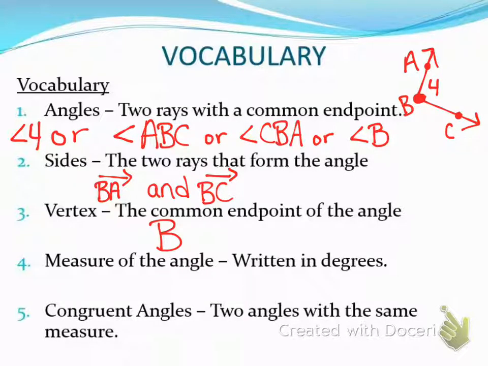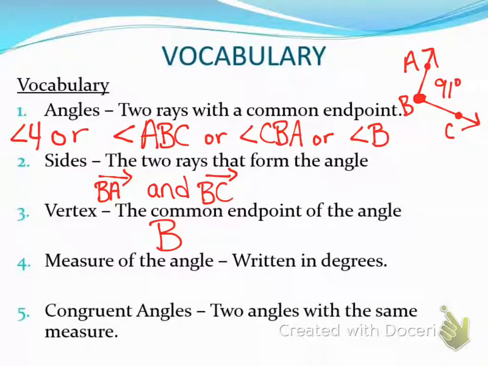The measure of an angle is written in degrees. There's not really a drawing for that other than to show an angle. Sometimes you'll just see the degree measure written inside of it. So sometimes you would see it like 91 degrees.